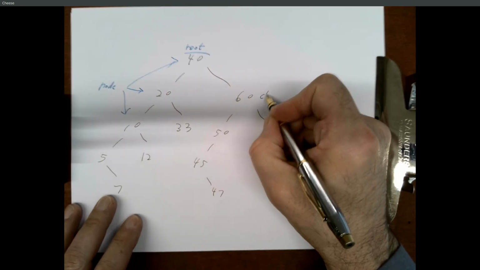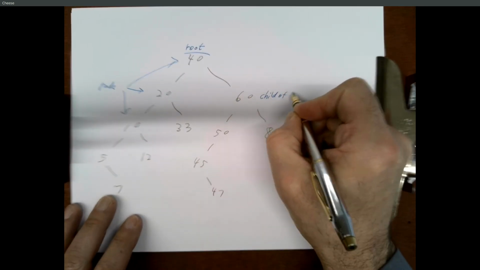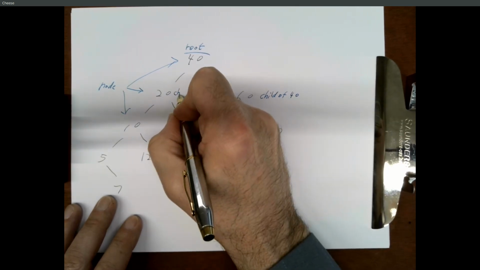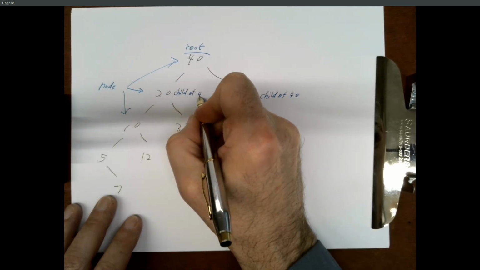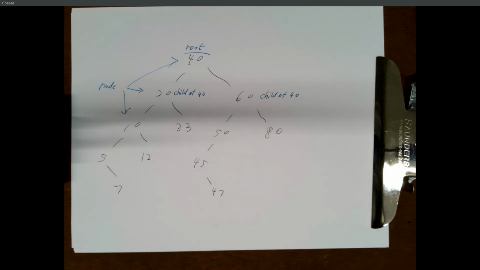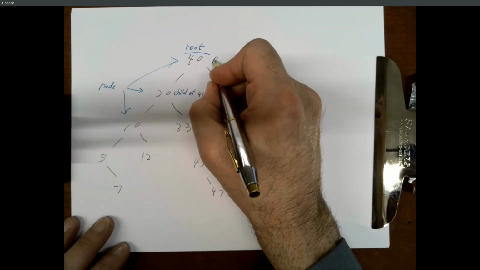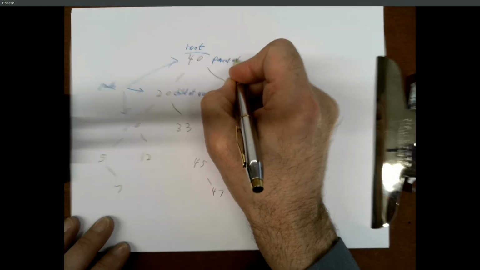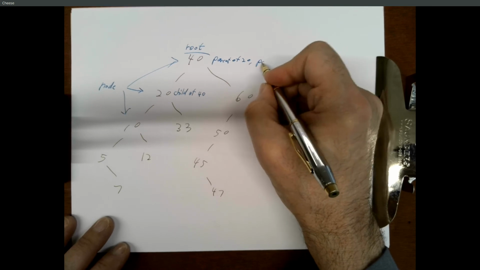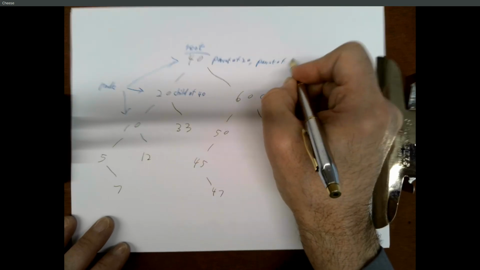So 60 is a child of 40, and 20 is also a child of 40. So we think of it like an ancestry tree. And we call 40 the parent of 20 and also the parent of 60.